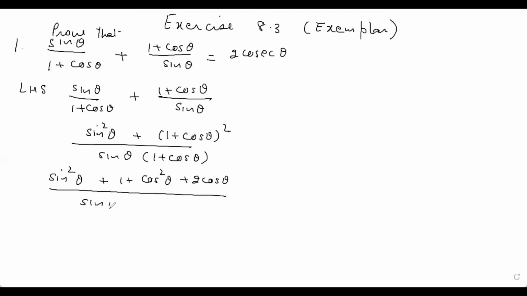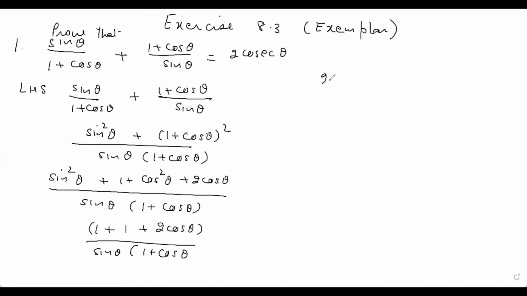Now this is sine theta 1 plus cos theta. Sine square theta plus cos square theta is 1, plus 2 cos theta, upon sine theta 1 plus cos theta. That is 2 plus 2 cos theta upon sine theta 1 plus cos theta.